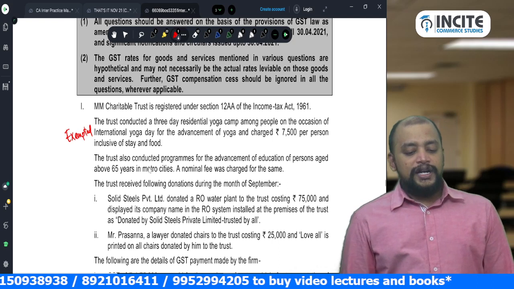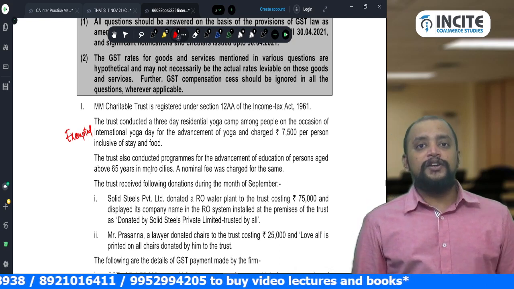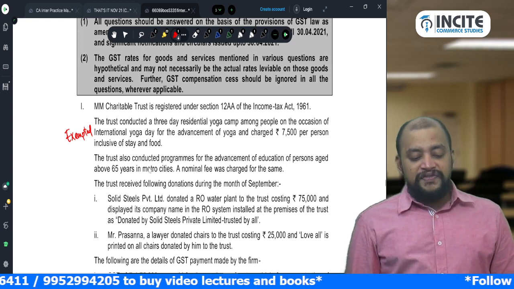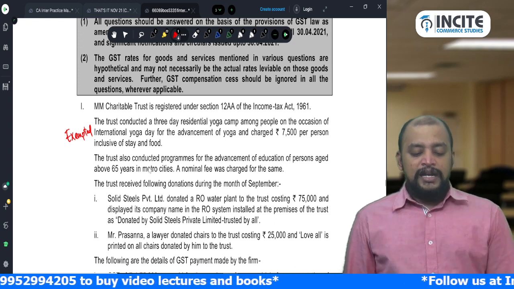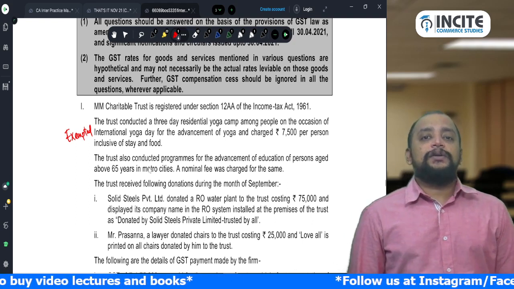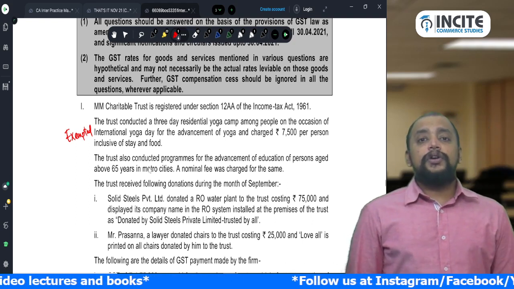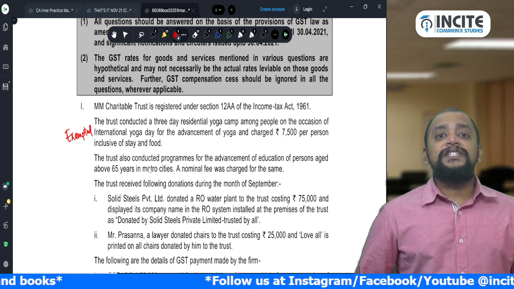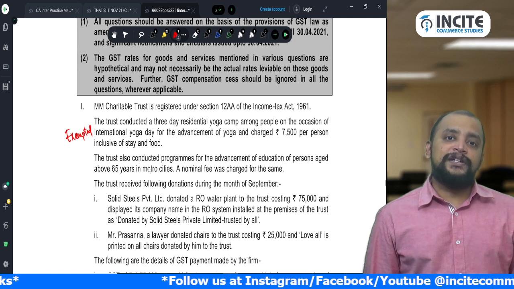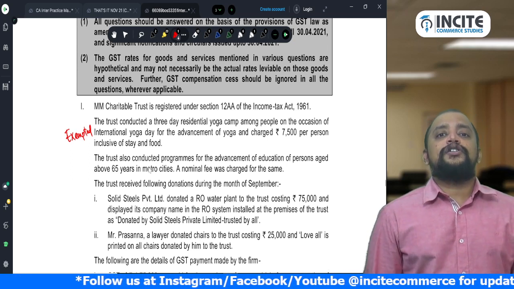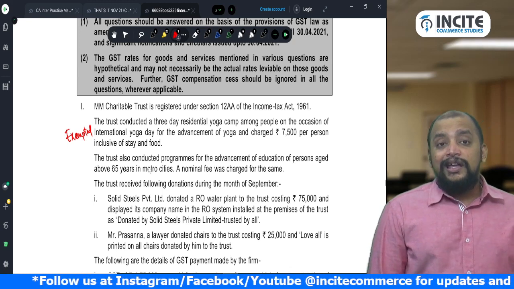The trust also conducted programs for the advancement of education of persons aged above 65 years in metro cities. A nominal fee was charged for the same. There is one more point in the charitable activities, that is educational programs or skill development programs for physically or mentally traumatized persons, abandoned, orphaned or homeless children, prisoners.